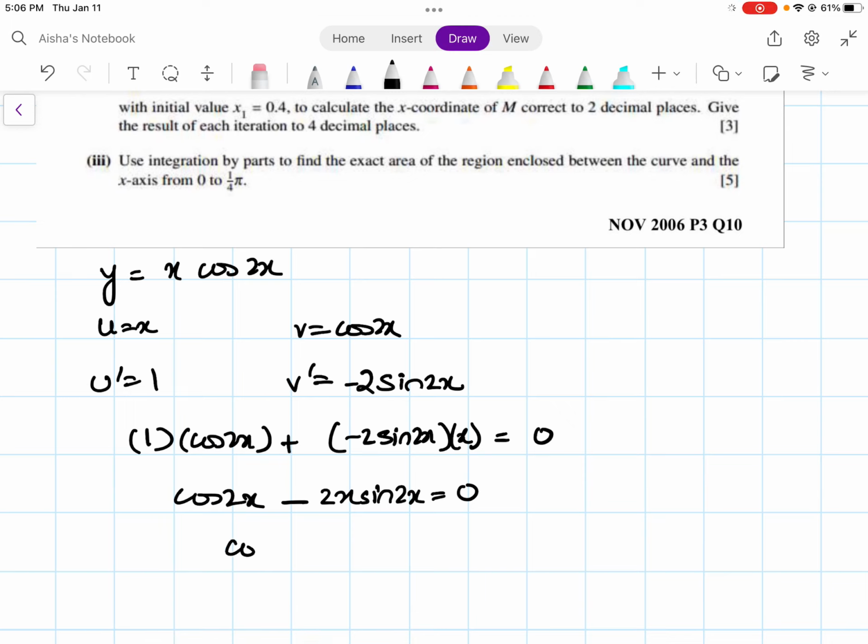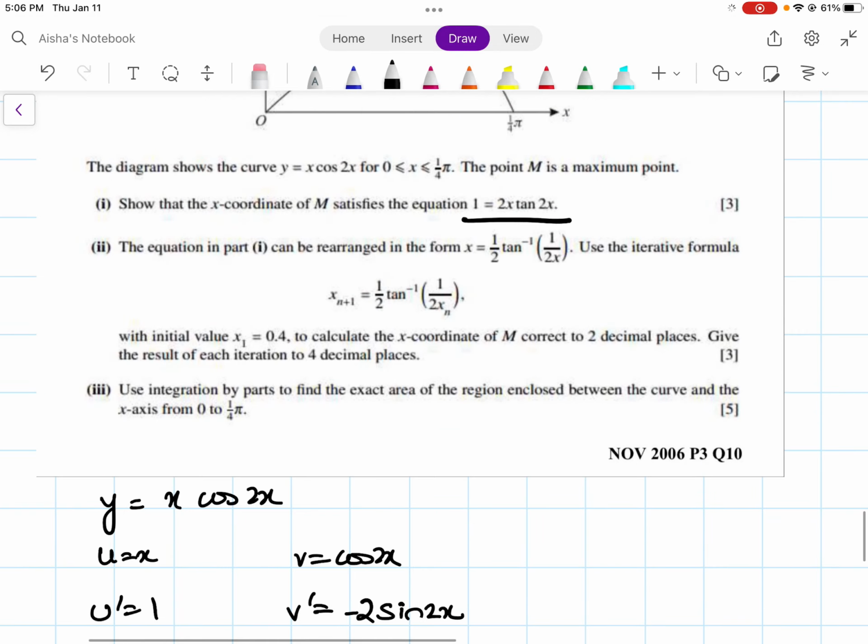Make sense? Right? This is what you had to show.